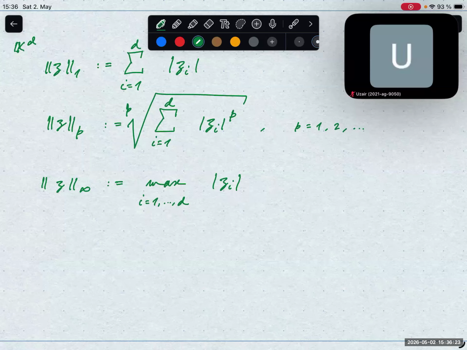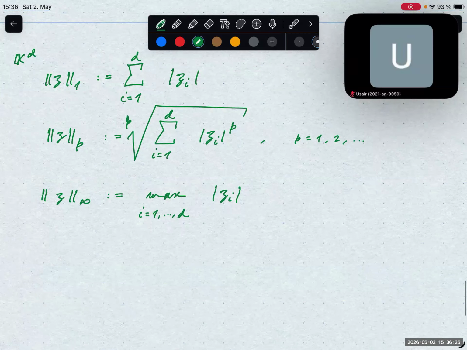So this is the supremum norm. Sometimes we also include infinity in the P, but then we have to understand that the definition of the P norm and the infinity norm are not the same, though we sometimes just call it the P norm. As you see, we can define different sorts of norms.